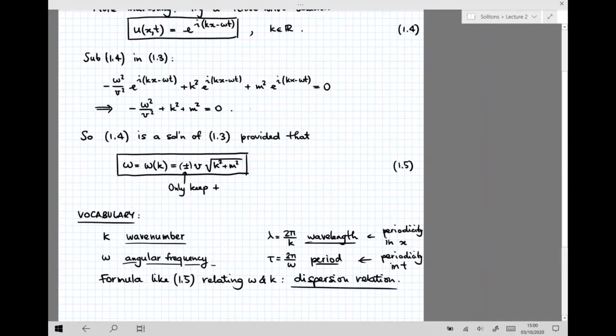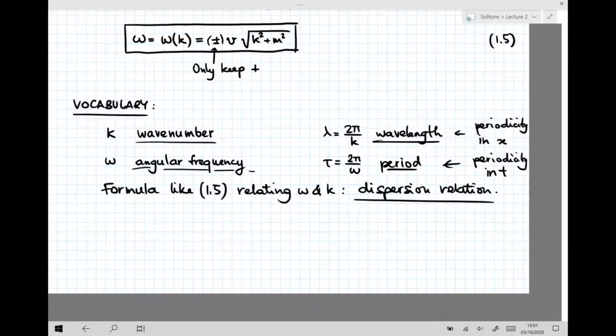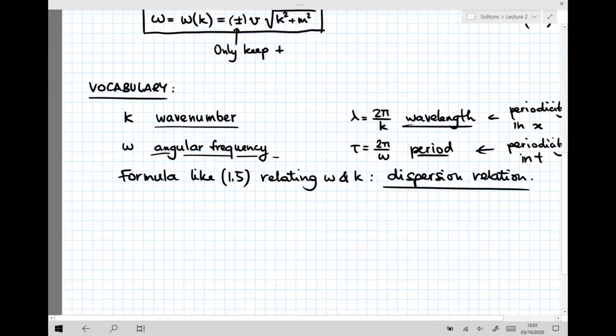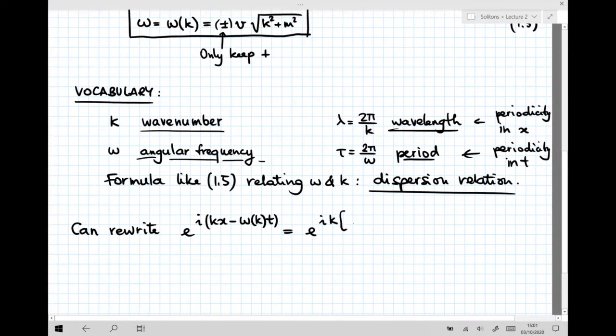Another thing to notice here is that we can now rewrite 1.4, the plane wave equation, as follows. We can rewrite e to the I kx minus omega, which is a function of k, times t, as exponential of I k, which we factor out, and then we have x minus omega of k divided by k times t.